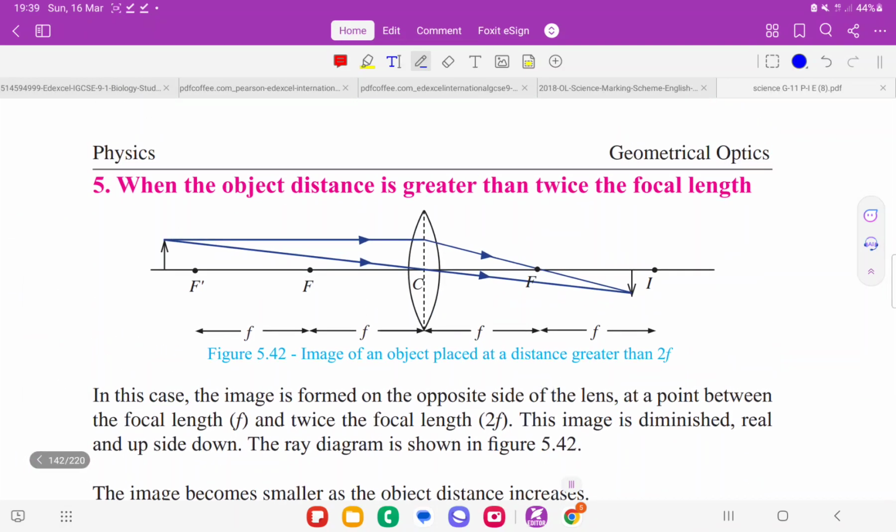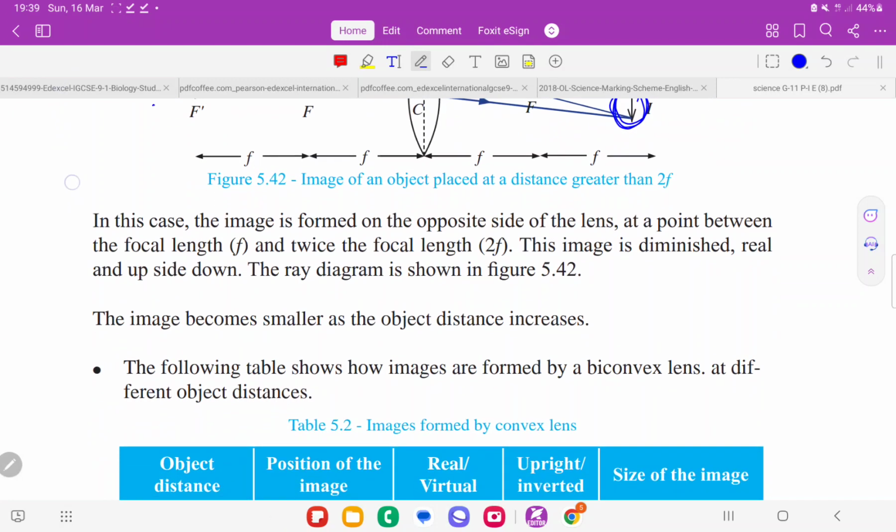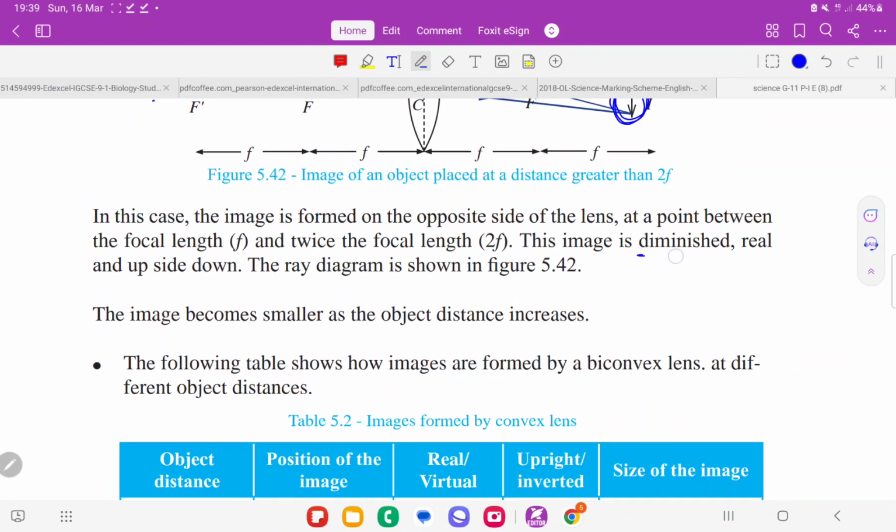Okay, then the last one, the object distance is greater than twice the focal length. It's beyond 2f, and the image is created between f and 2f. So the features of this image are diminished, real, and upside down.